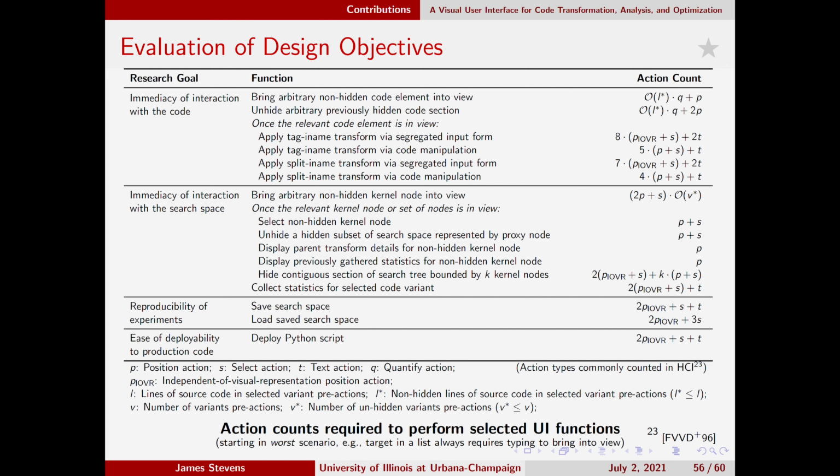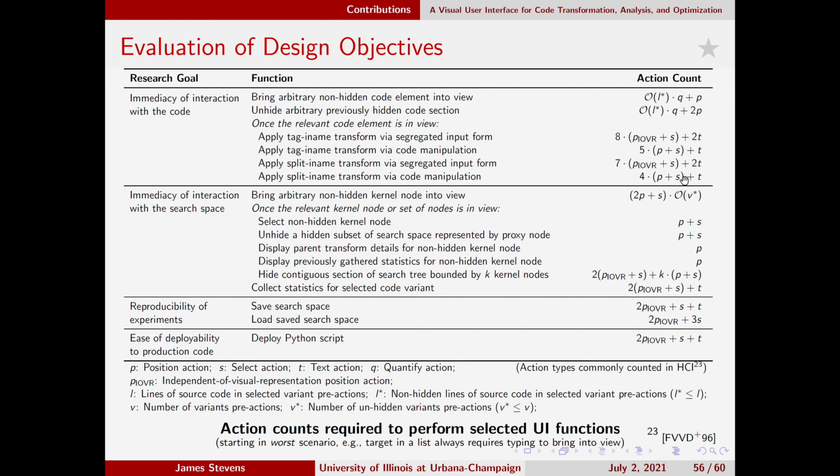First, we can now quantify the comparison we made earlier between the two different ways of performing a loop splitting transformation, and see that doing this by interacting directly with the source uses fewer actions and also avoids position actions that are independent of visual representation.